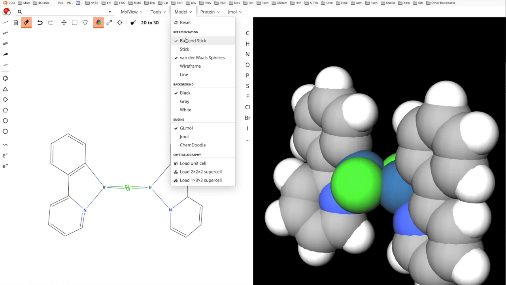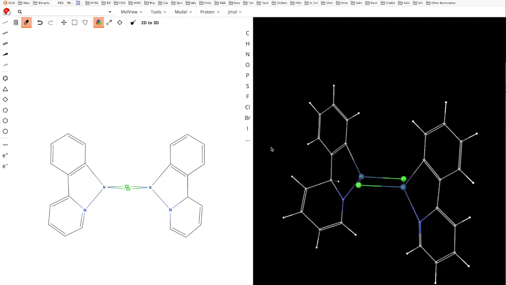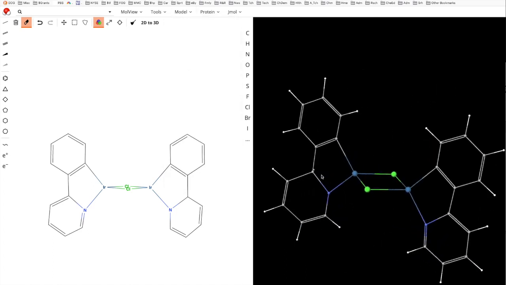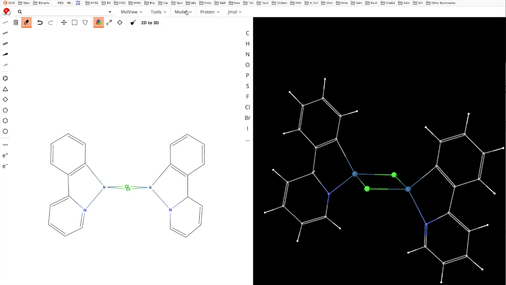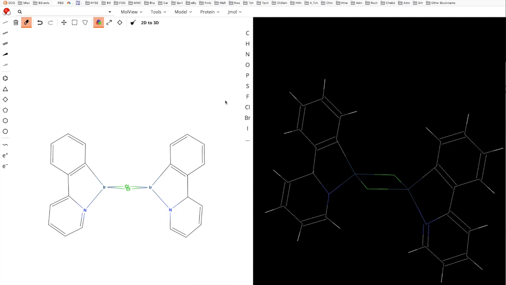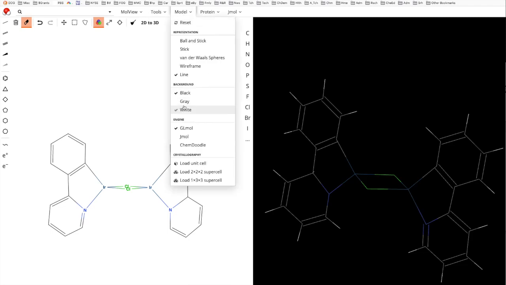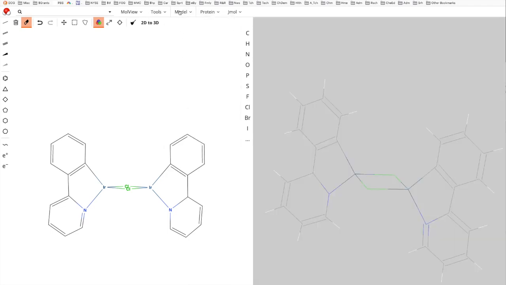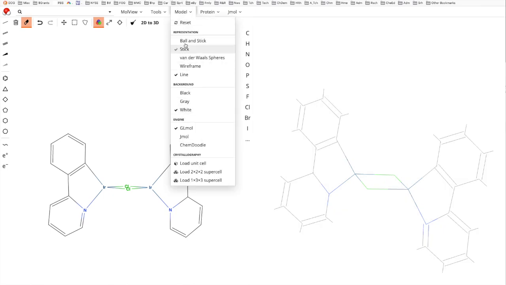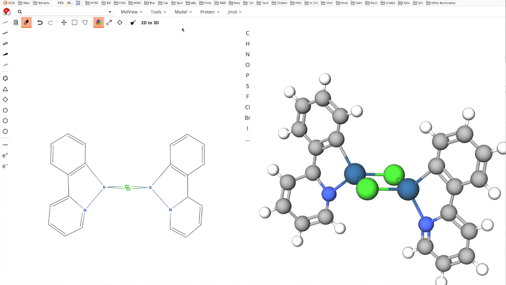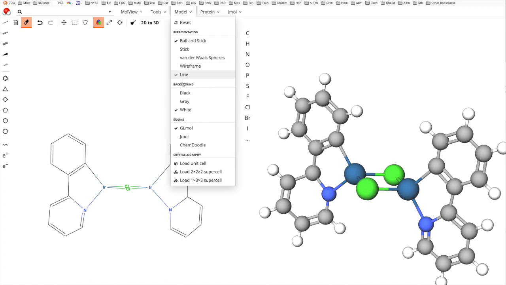I can do the wireframe, or I can do the lines. I can change the background here to gray. I can change it to white. Okay, I'll go ahead and go back to my ball and stick and then make the background black. That way I have some contrast.